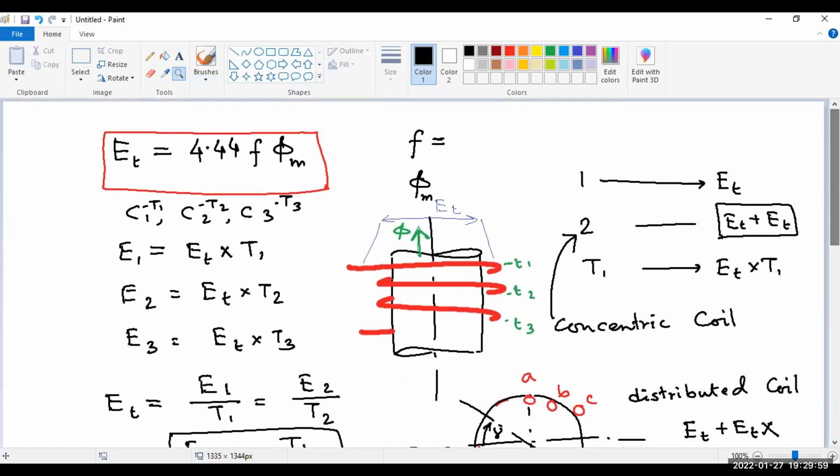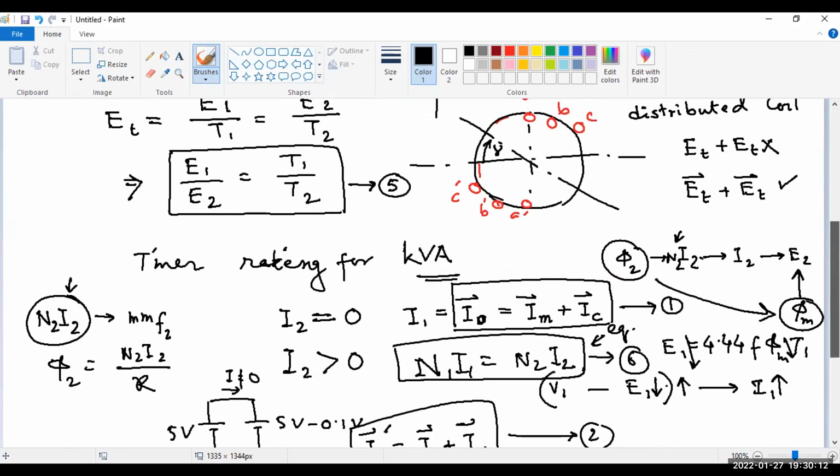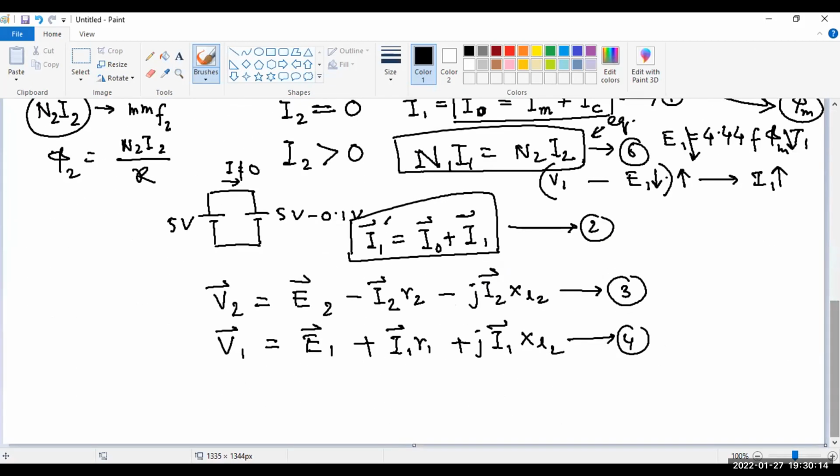And this you can write as equation number 7, the MMF pattern.